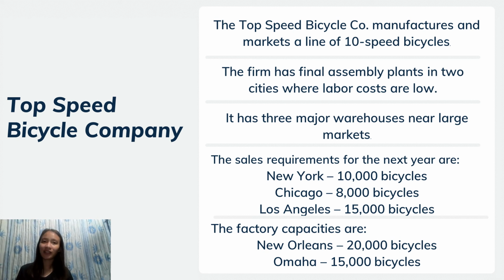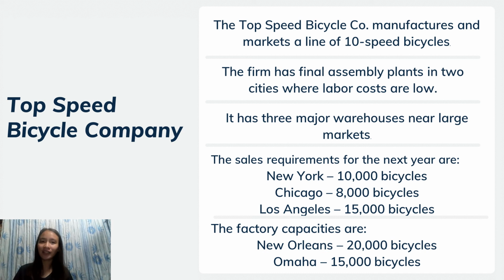The Top Speed Bicycle Corporation manufactures and markets a line of 10 speed bicycles. The firm has final assembly plants in 2 cities where labor costs are low. It has 3 major warehouses near large markets. The sales requirements for the next year are 10,000 bicycles in New York, 8,000 bicycles in Chicago, and 15,000 bicycles in Los Angeles.